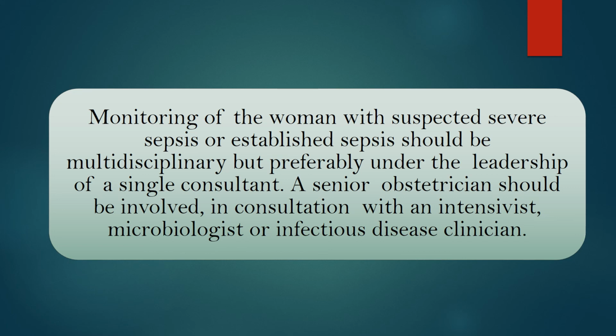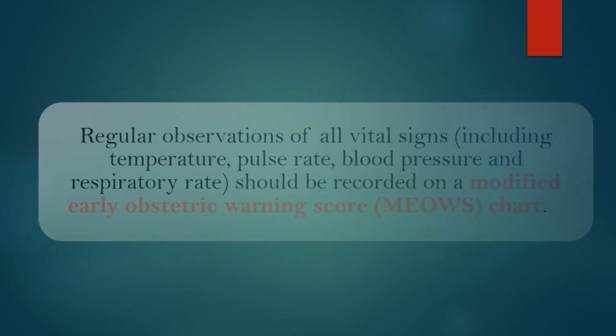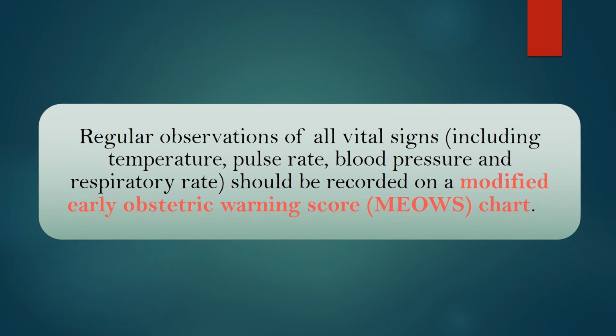A senior obstetrician should be involved in consultation with an intensivist, microbiologist, or infectious disease clinician. Regular observations of all vital signs, including temperature, pulse rate, blood pressure, and respiratory rate, should be recorded on a modified Early Obstetric Warning Score or MEOWS chart.